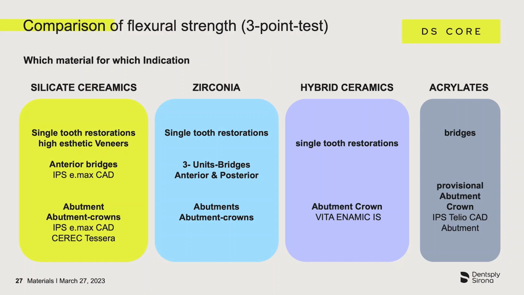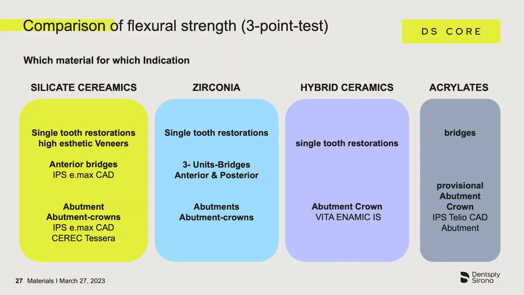Due to the high flexural strength, bridges up to 3 units are possible without limiting the range of indications. With the highly aesthetic zirconias, monolithic chairside restorations are now also part of the indication range.